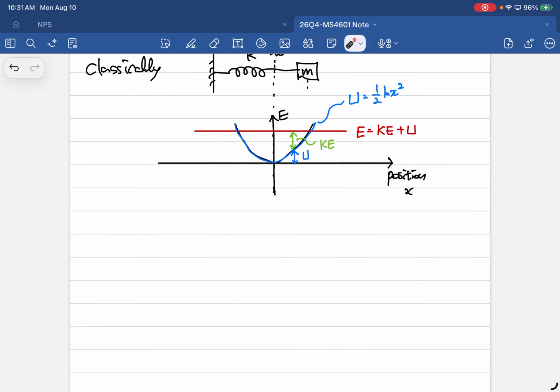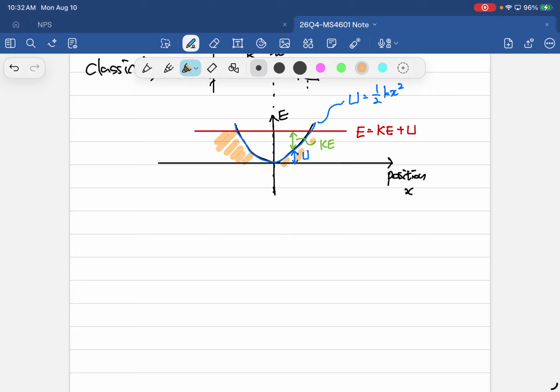Another thing I want to mention is this area. Can we find the mass in this highlighted regime, in position x? Classically, it is impossible to find the mass there.